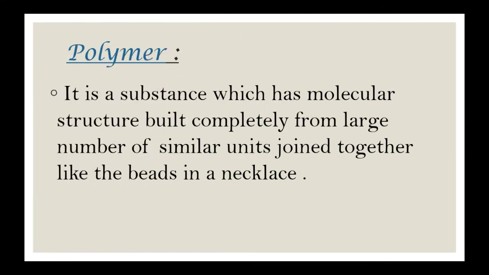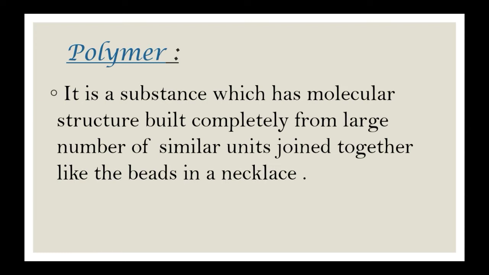Before looking into the types of synthetic fibers, first let us look into what we mean by polymer. It is a substance which has a molecular structure built completely from a large number of similar units joined together like the beads in a necklace. Many small units combine to form a single unit called a polymer.